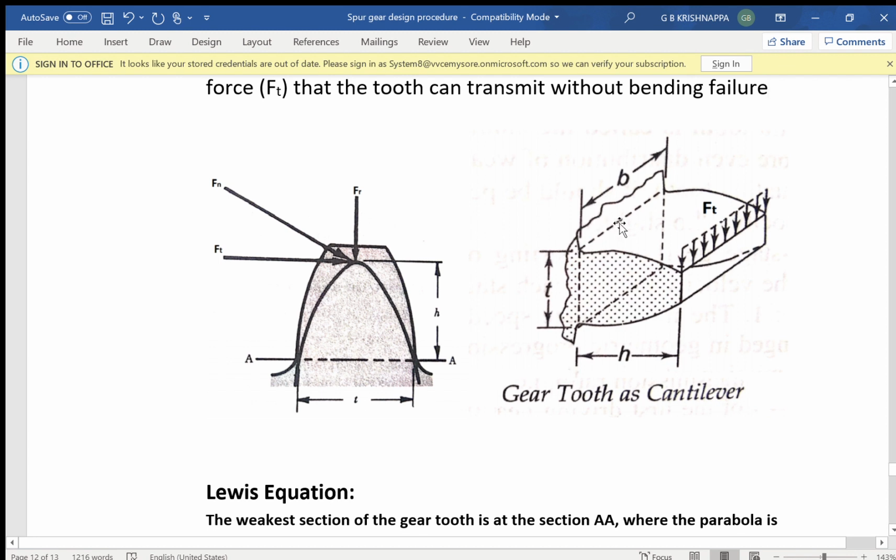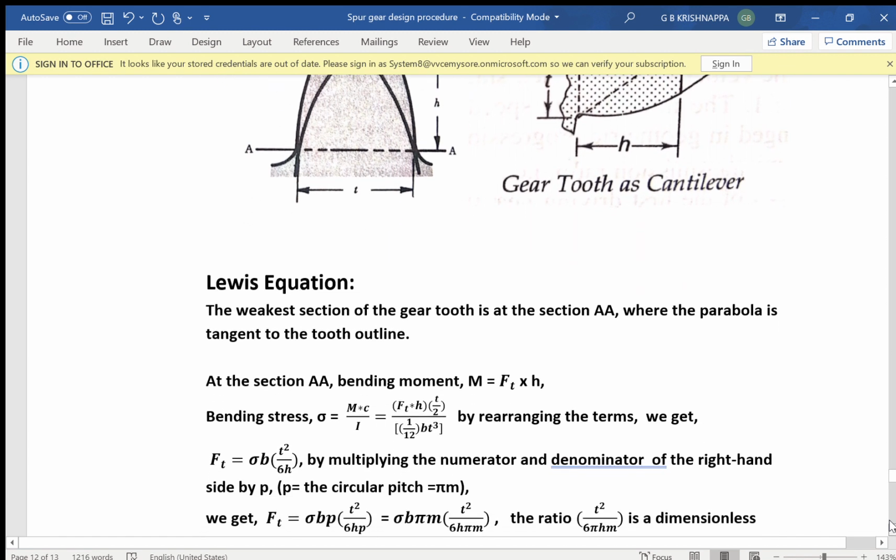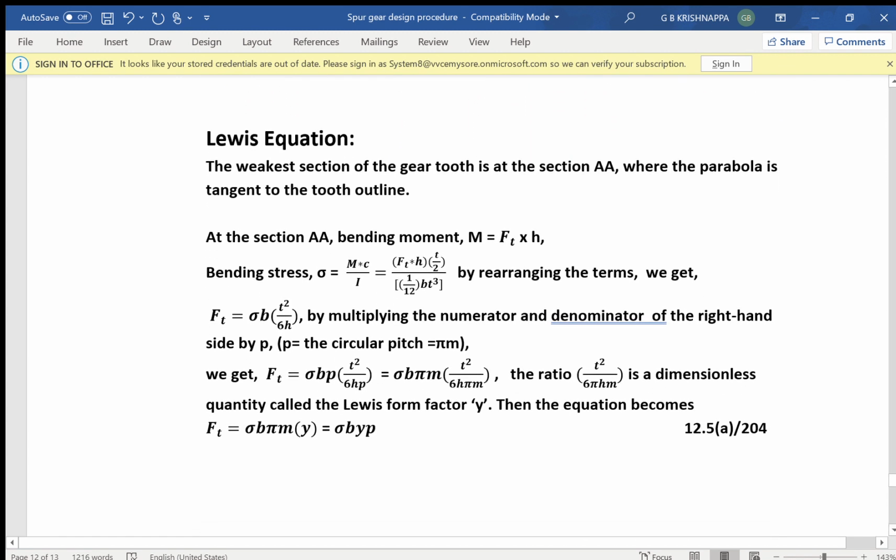B is the face width and this cantilever beam is fixed at the root. So Lewis has obtained an expression for the beam strength.